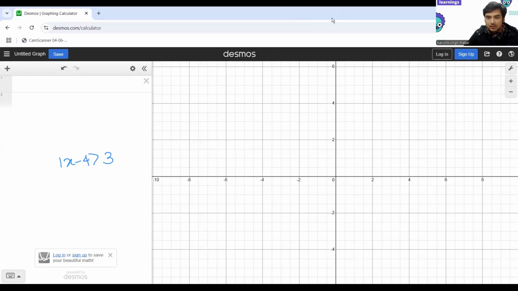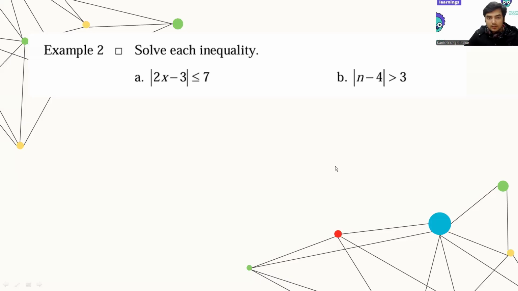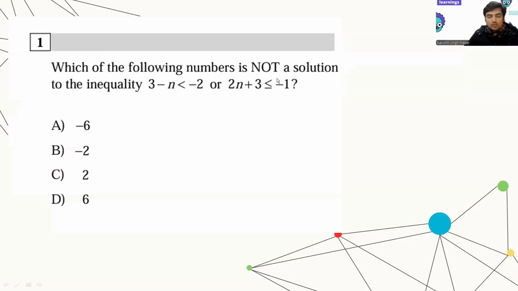I hope you must have got all this. So this is what we had here, and this is how we solve it, right? So let's solve this inequality with the help of Desmos only.